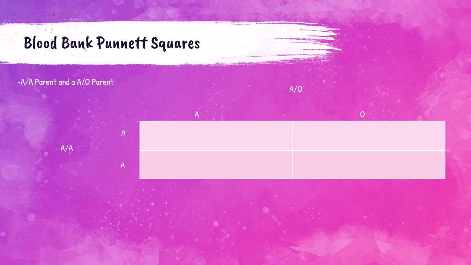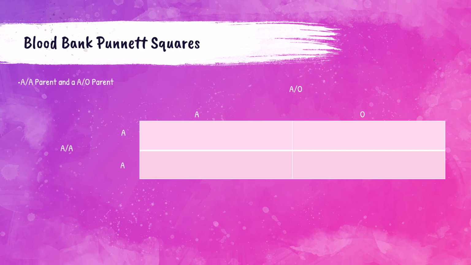Okay, so we did the pug Punnett square, so now we can do something relevant, blood bank Punnett squares. I chose the pugs because it's a little bit easier to explain than blood bank. All right, so we are going to have a mixing of an AA parent and an AO parent.